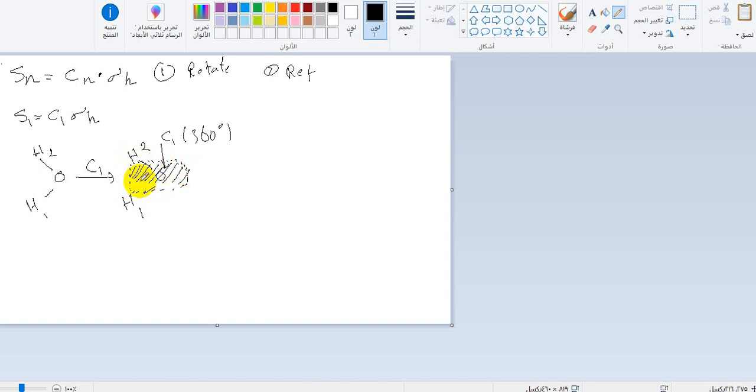This sigma is perpendicular to the principal axis, this is sigma h, and sigma h perpendicular to the principal axis is S1. Take another example. This S1 equals sigma h.